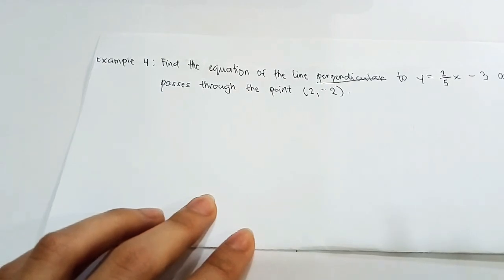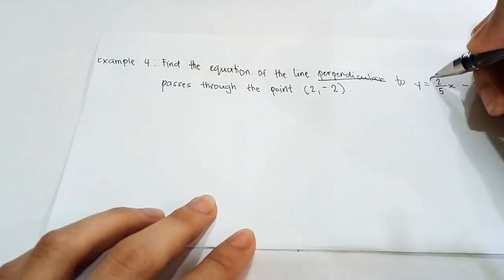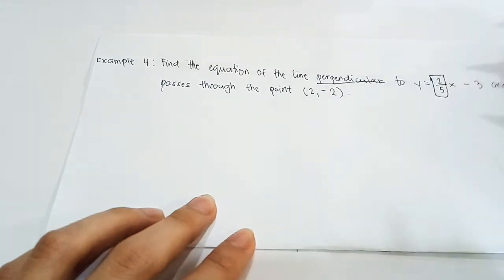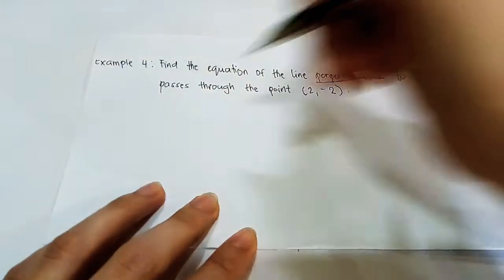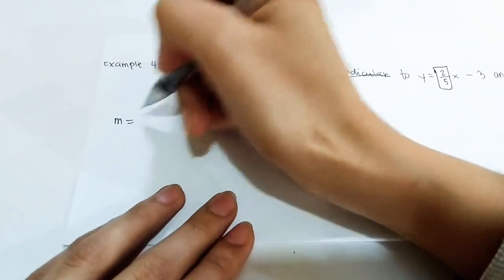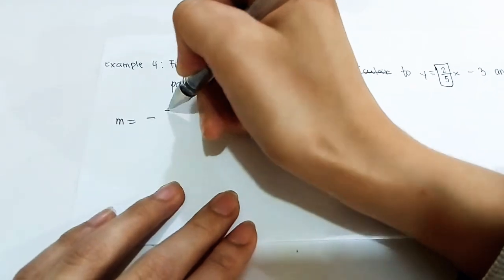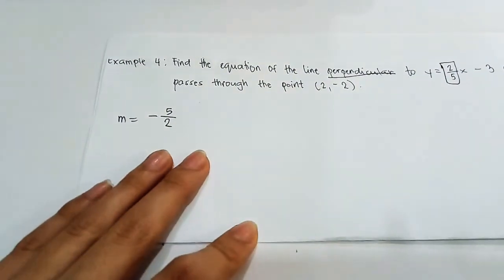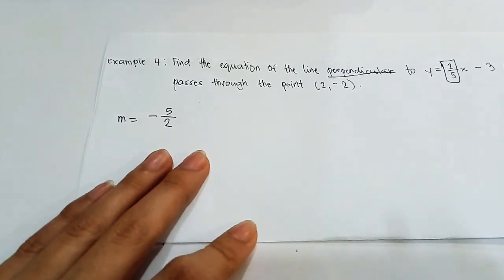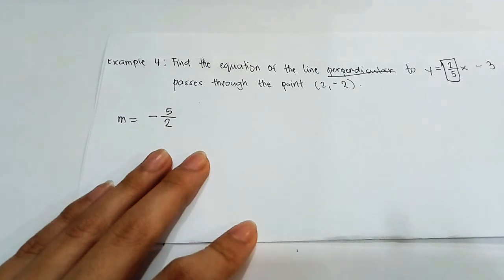Now, since the slope here is 2/5, then the slope of the line perpendicular to it is negative 5 over 2, or negative 5 halves. So we're going to get the negative reciprocal of 2/5.